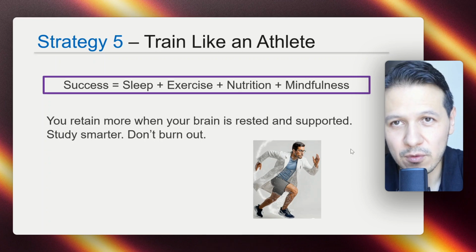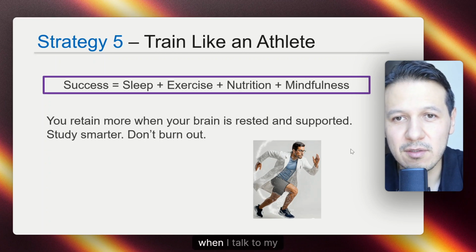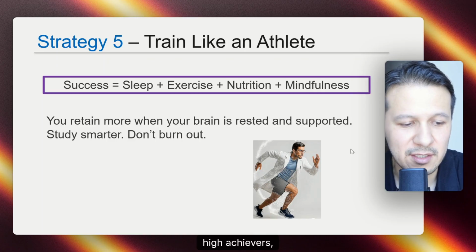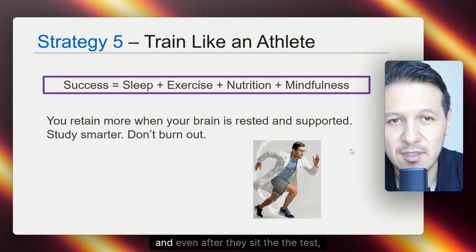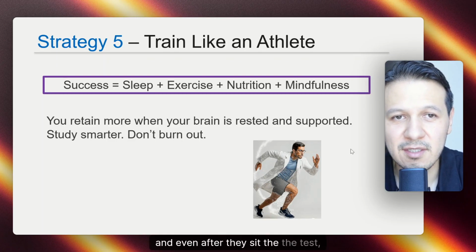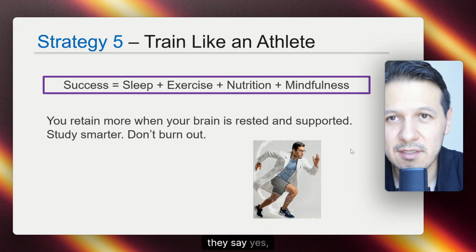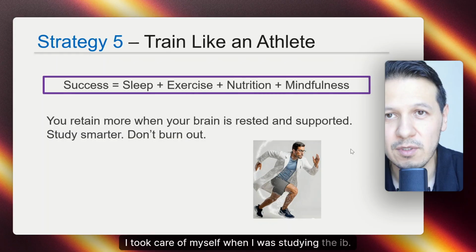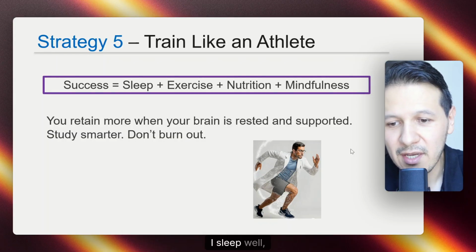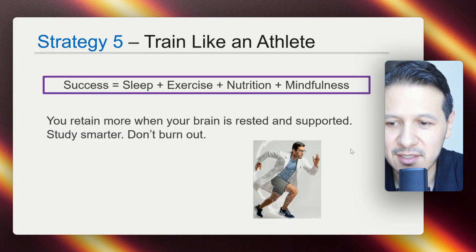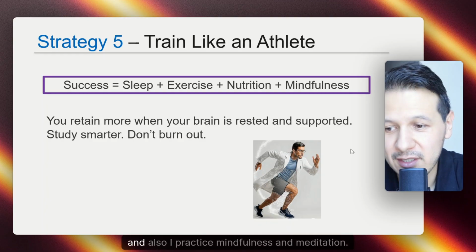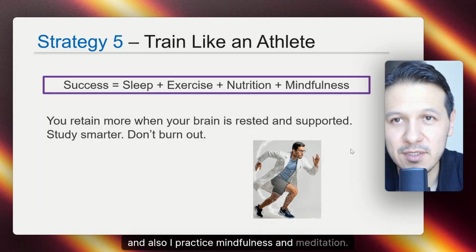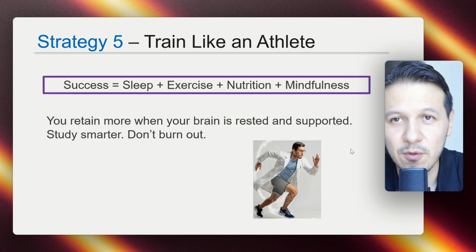And of course, when I talk to my high achievers, my best students, and even after they sit the test, they say, yes, I took care of myself when I was studying the IB. I sleep well, I exercise, I eat balanced, and also I practice mindfulness and meditation. Guys, this is very important.